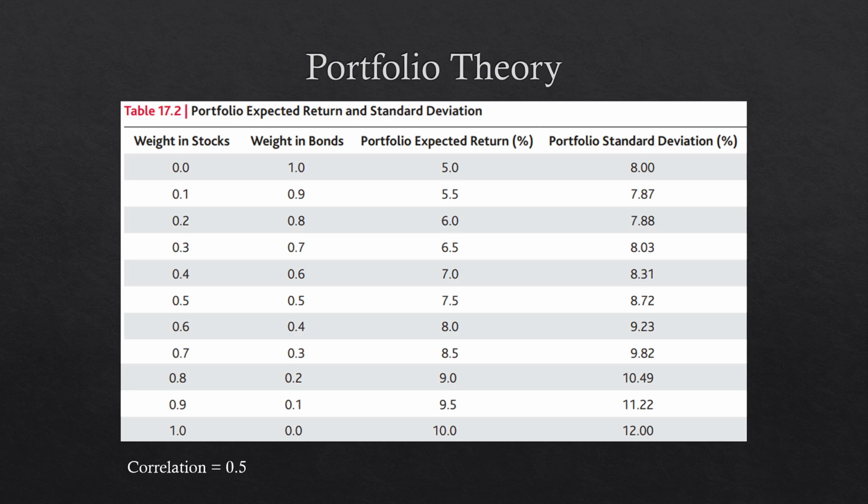You would think that a bond portfolio has lower risk than stocks, but because stocks and bonds are somewhat negatively correlated in some ways, it does make sense to have some stocks in a portfolio to lower the risk. So that 90-10 portfolio is actually less risky than the 100% bond portfolio.